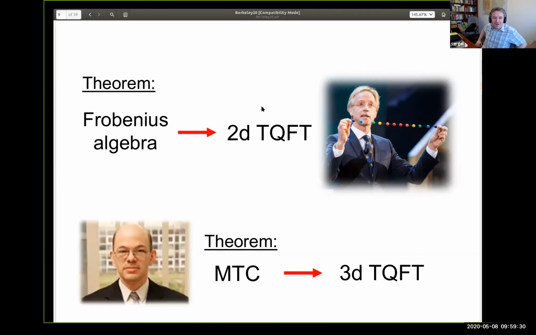Now, it's not a surprise that algebraic structures help us understand problems in topology. In particular, they usually encode in the algebraic setting a definition of topological quantum field theory.